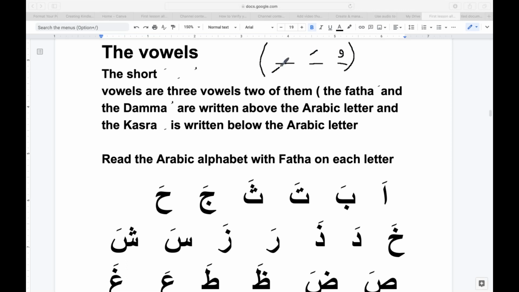Number two, you will see that the same word can have all or some or one of these short vowels.